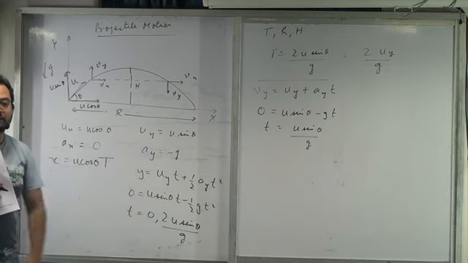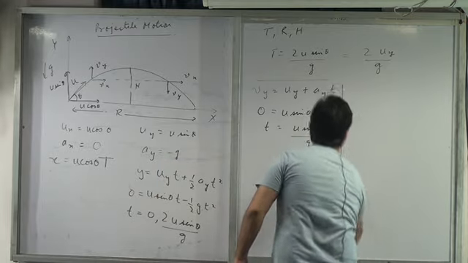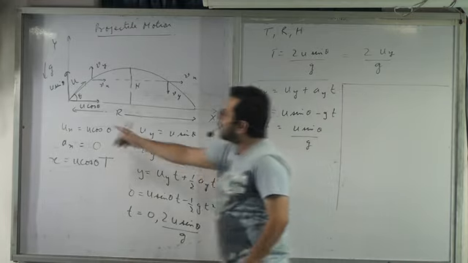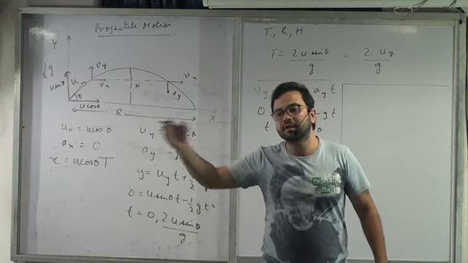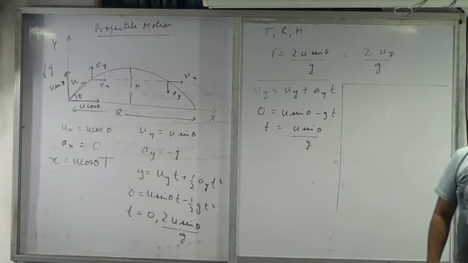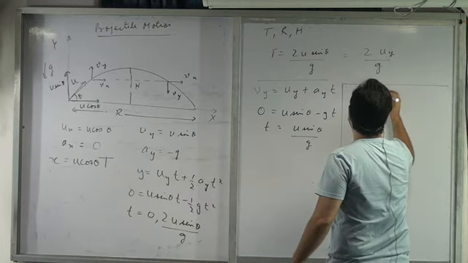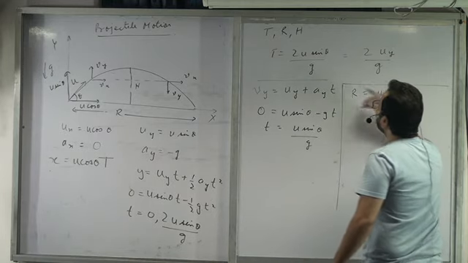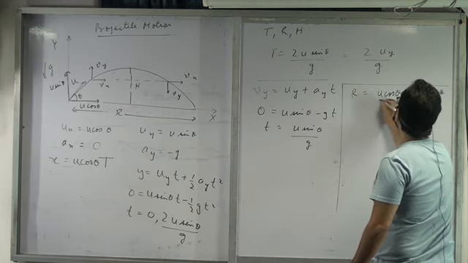U cos theta into T. Will that be the range? The horizontal distance it has traveled during the time of flight, that is the range. So I can write range as u cos theta into 2u sin theta upon g.